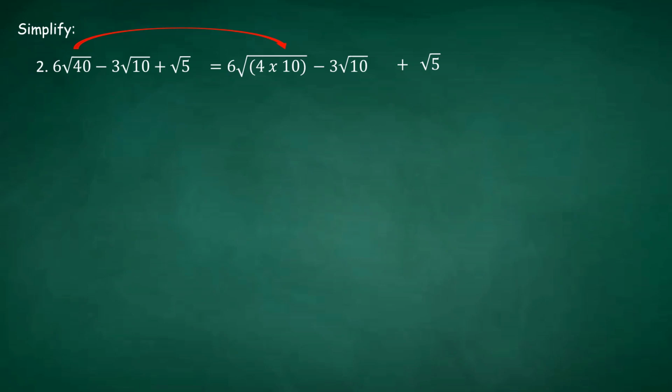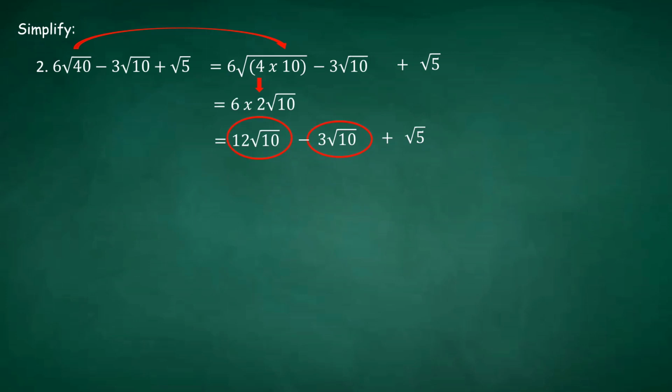Since we can't factor 10 and 5 into a perfect square, then simplify. Square root of 4 is 2. So pull out 2 from the radical and the number 10 remains. Multiply 6 times 2, is equal to 12, so the expression becomes 12 square root of 10, minus 3 square root of 10, plus square root of 5.